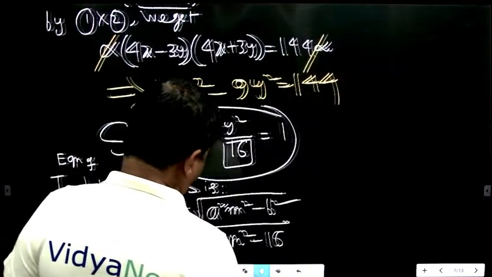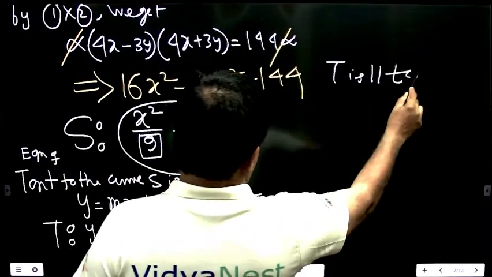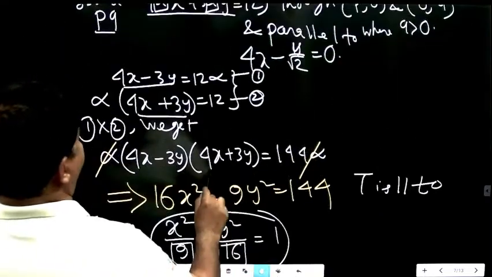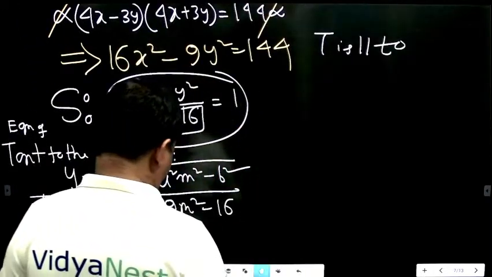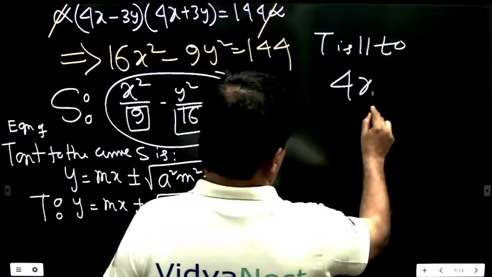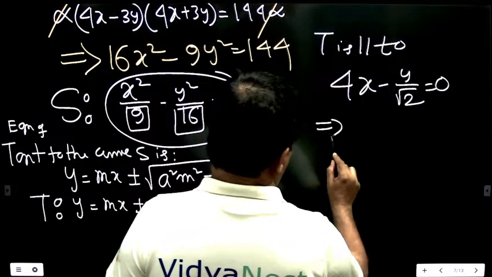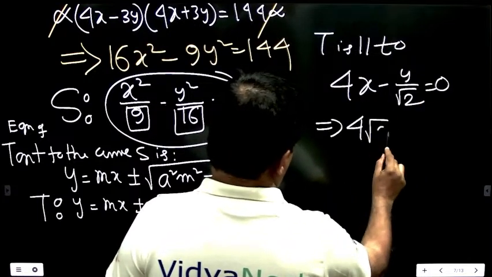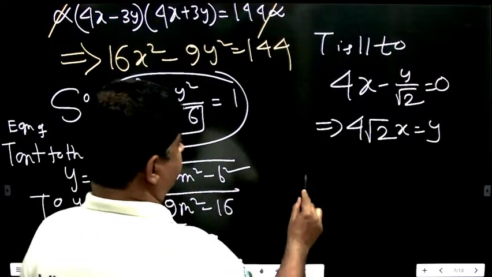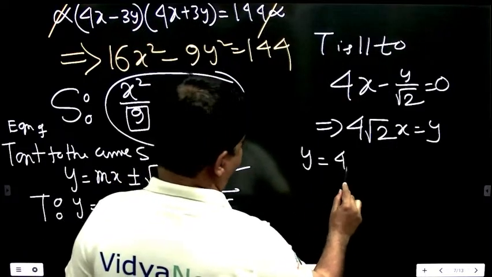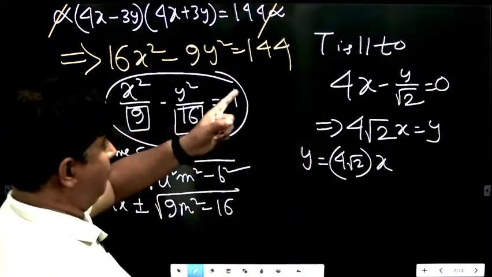Now, T is parallel to this line 4x minus y by root 2 is equal to 0. So, T is parallel to this line.